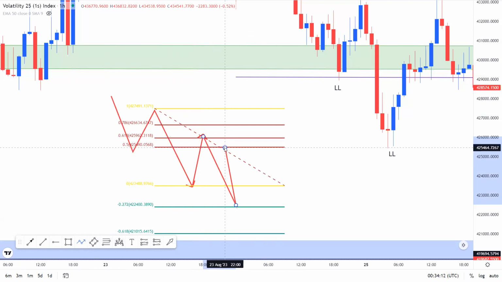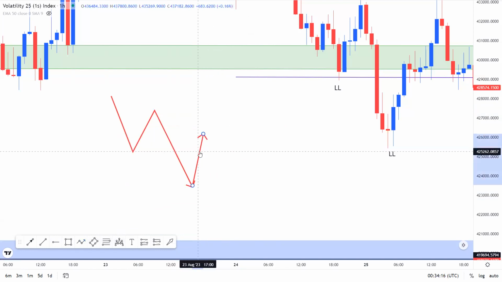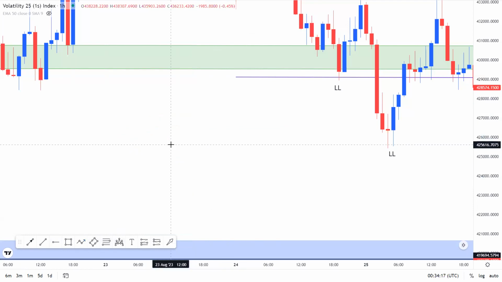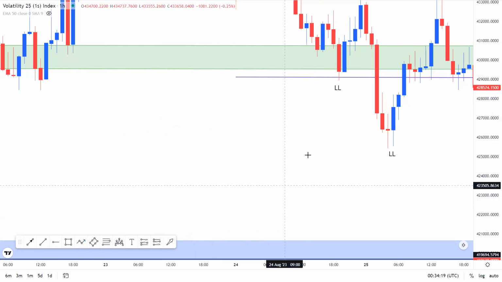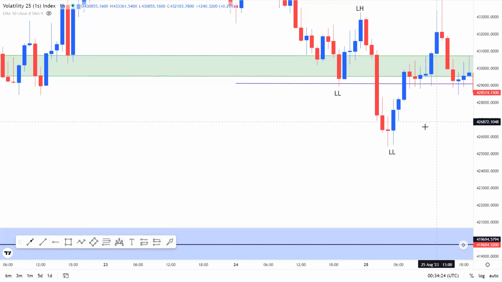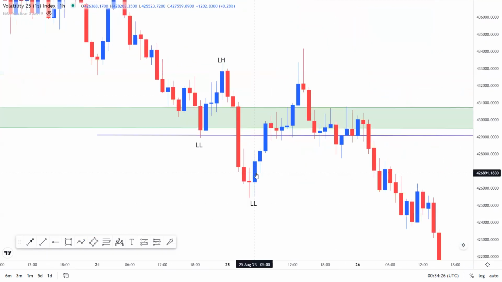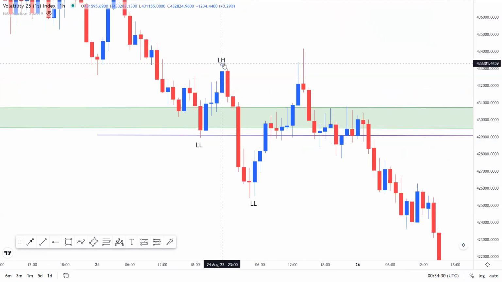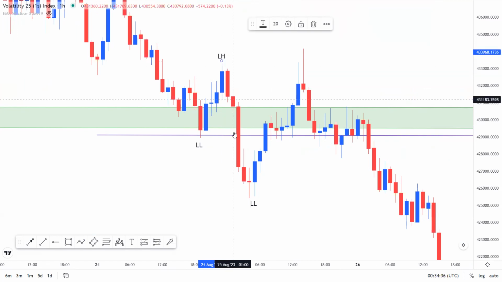Sorry for digressing. Moving back. So what we have read about here. So clearly we had price made that impulsive movement from a previous lower high, forming a new lower low.